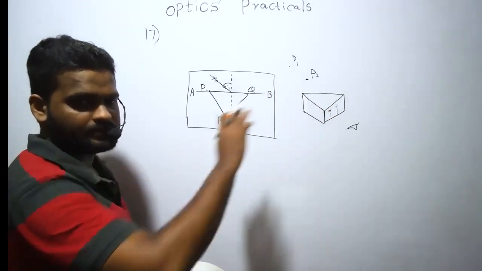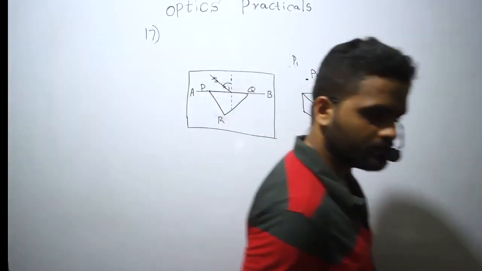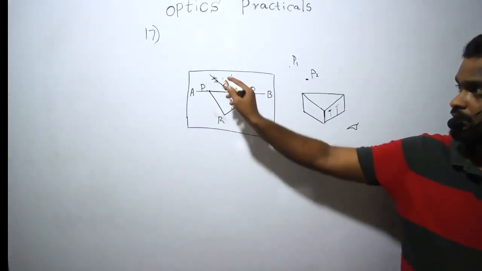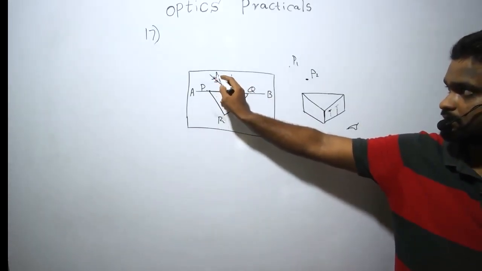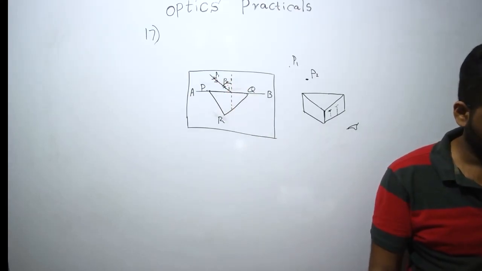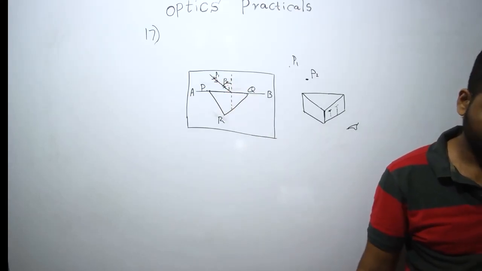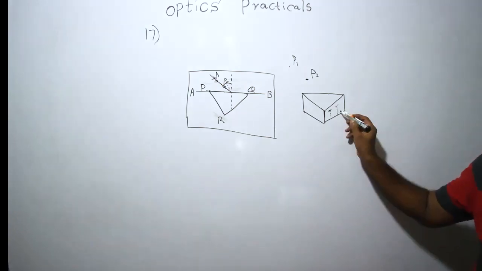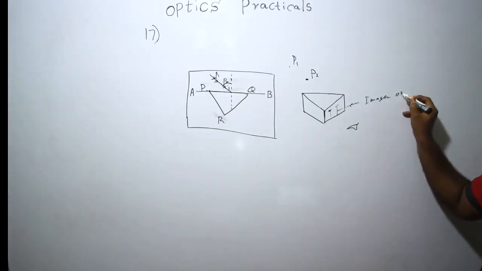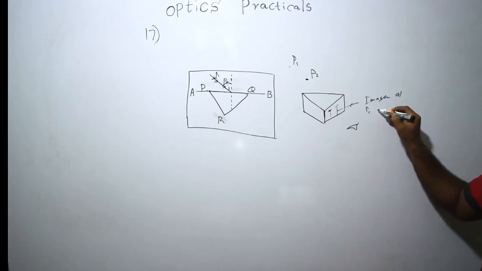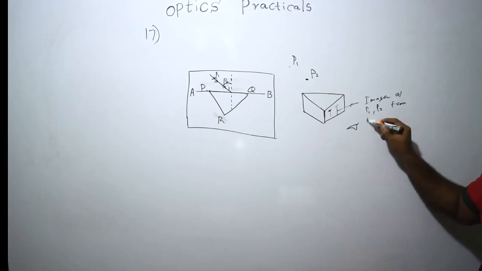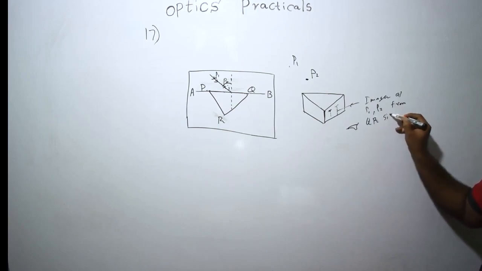First, just take this down. Thumbs up once you've taken it down. One is P1, another one P2. So these are images of P1, P2 from the QR side.